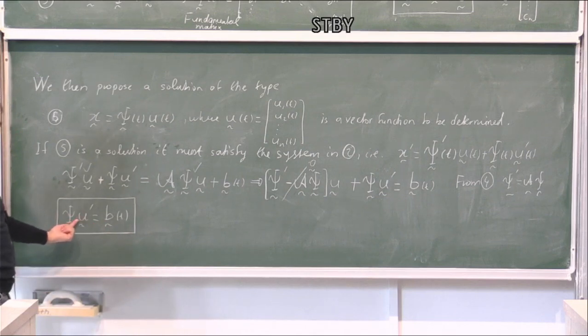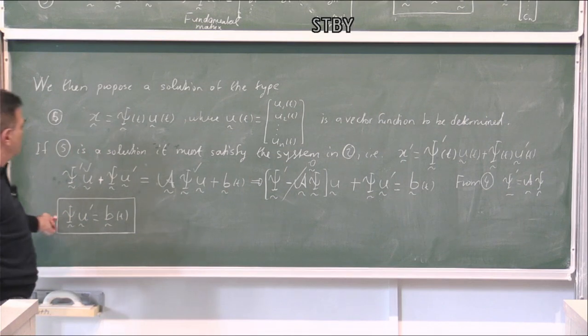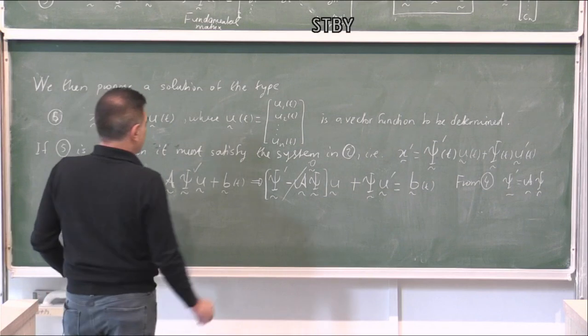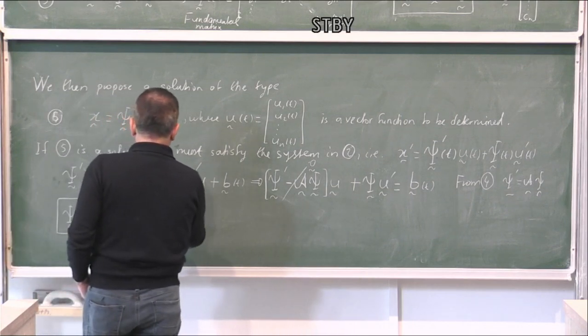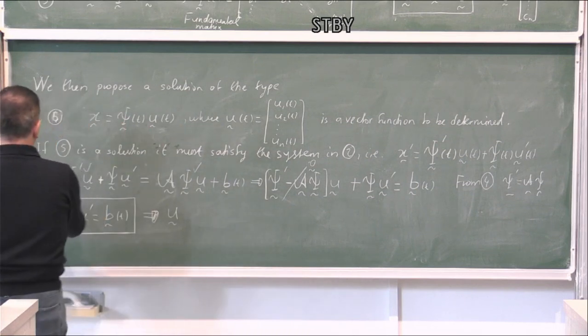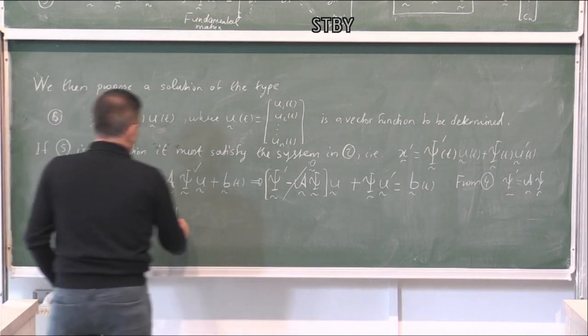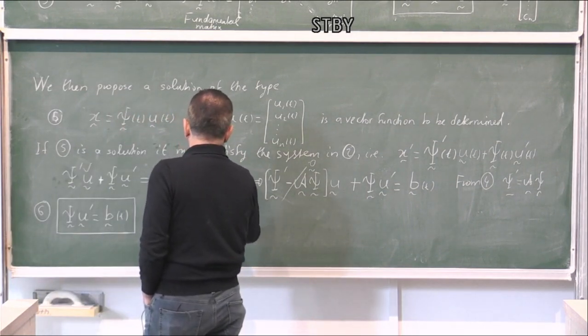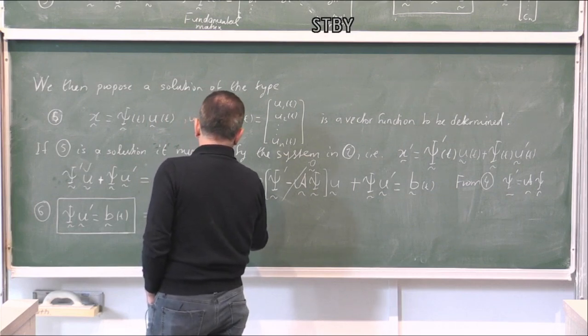We saw that because psi is a fundamental matrix, its columns are linearly independent vectors, and therefore it is invertible. So in principle, you can find its inverse. Psi is invertible. So u prime, this is important, let's say 6. Formally, the vector u prime is psi inverse b.